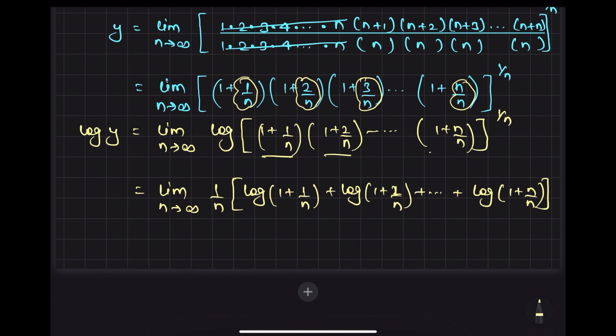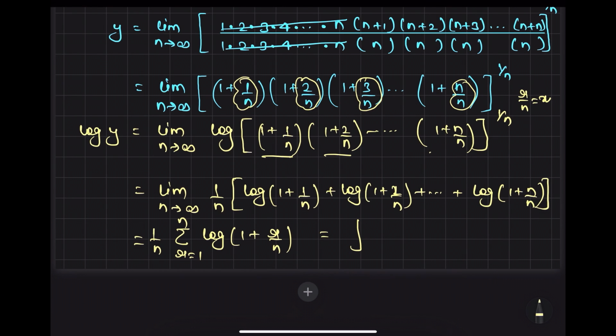Now you can convert the question into summation form. So summation of log of 1 plus r by n, times 1 by n, where r starts from 1 and ends at n. We will be taking r by n as x. Let's do the replacements.